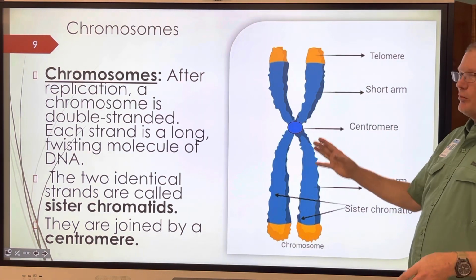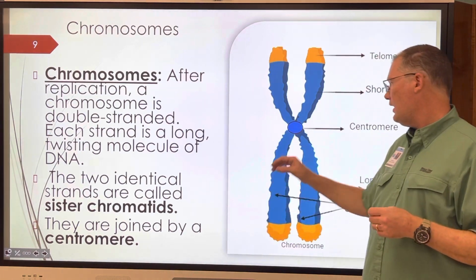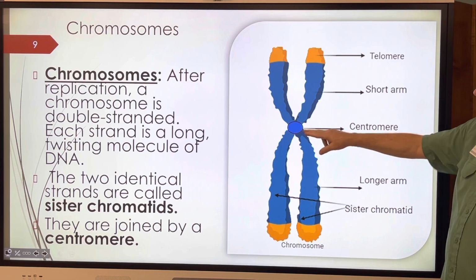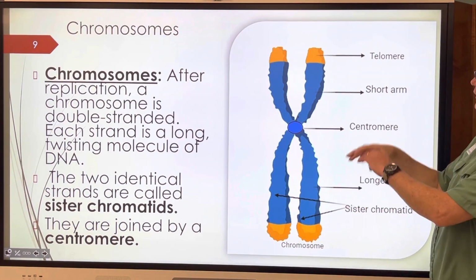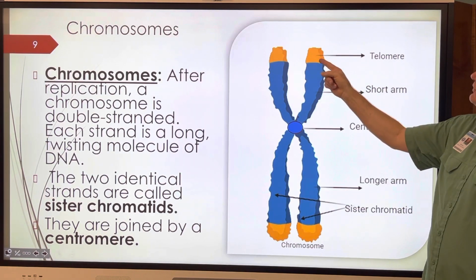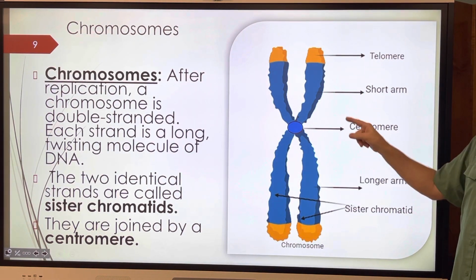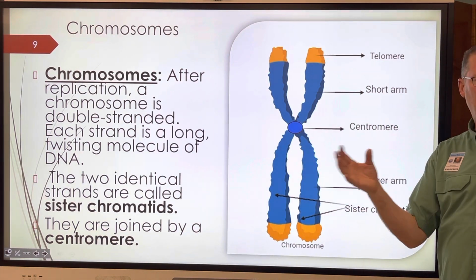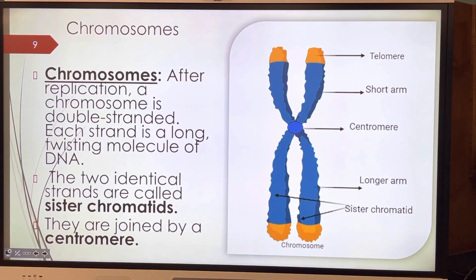This whole thing is a chromosome, and then the sister chromatids are held together by a centromere in the middle. You've got longer arms, shorter arms, sister chromatids. The whole thing's called a chromosome, and the ends of the chromosomes are called telomeres. Centro, tele means end, telomere. So make sure you label that up.